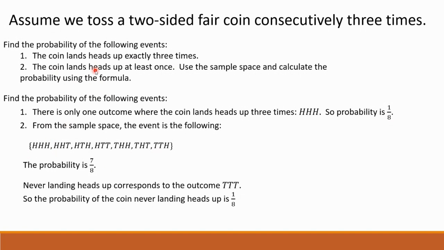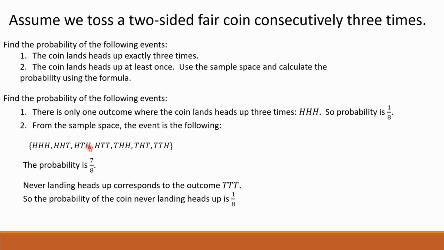Now, what about the probability that the coin lands heads up at least once? Well, since we have the sample space, we could just look for all the outcomes where the coin landing heads up occurs at least once. And that's what this is.